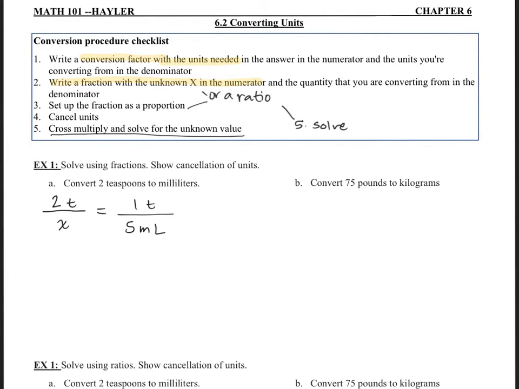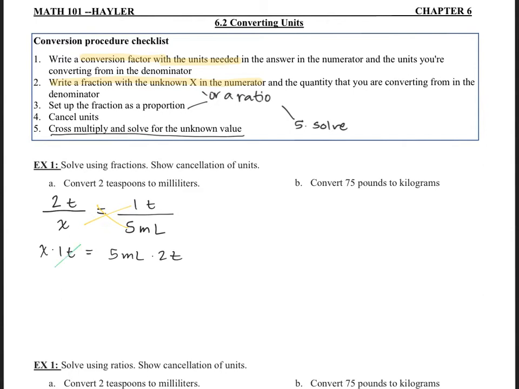Okay, so solving, as we've done this before, we're going to go ahead and cross multiply. And then we'll get x times 1t equals 5 ml times 2t. And then this is where we're going to go ahead and do this thing called canceling the units. So see the t from both sides? We're going to take away the t.